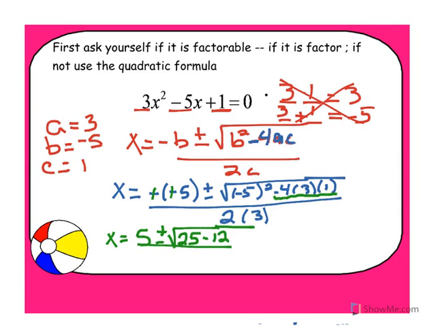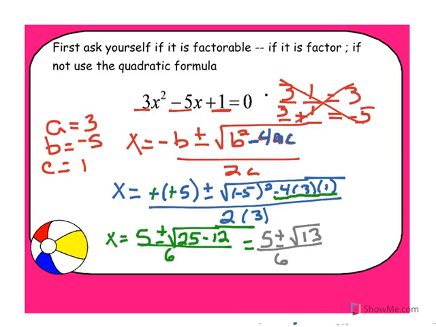All over 2 times 3, which is 6. If I were to just quickly and easily simplify this one down, we'll have 5 plus or minus the square root of 25 minus 12, which is 13, all over 6.